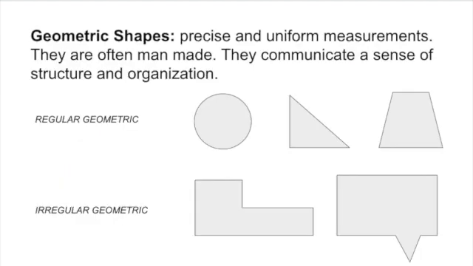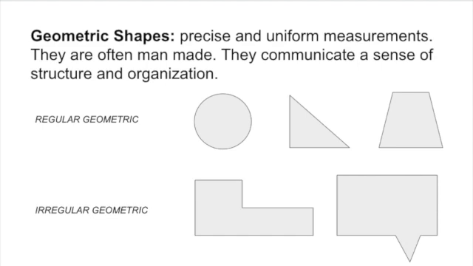Okay, so geometric shapes. What makes a geometric shape unique is that they are precise and uniform. When we look at these shapes, we consider them to be made by human beings, and that means that we as human beings have constructed the shape, or we have articulated the shape, and we have essentially named it.